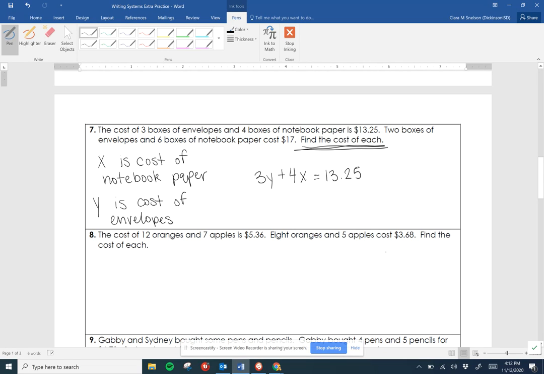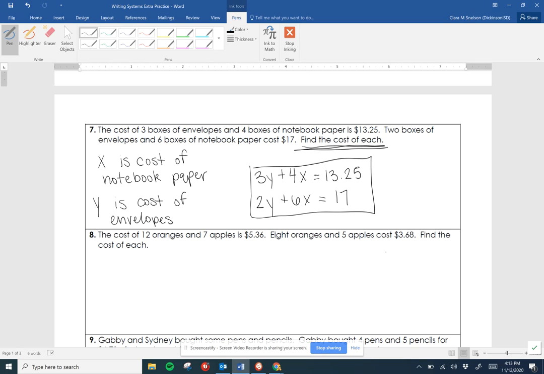Okay, 2 boxes of envelopes, so that would be 2y, and 6 boxes of notebook paper, so plus 6x equals $17. Okay, so those would be our two equations to solve for the cost of the envelopes and the cost of the notebook paper.